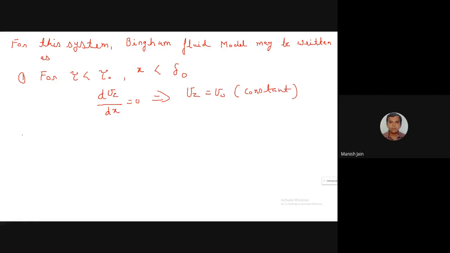Now the second equation is for tau greater than or equal to tau naught, or x greater than or equal to delta naught.